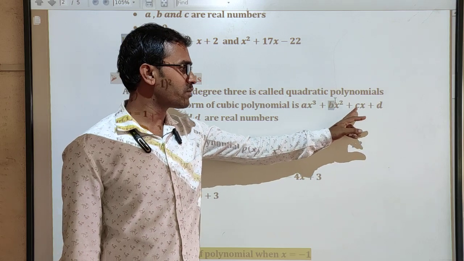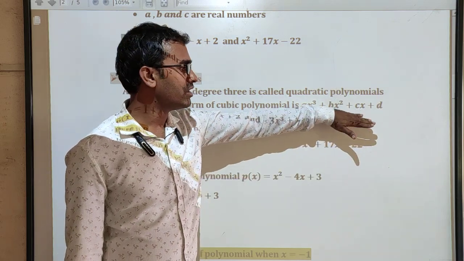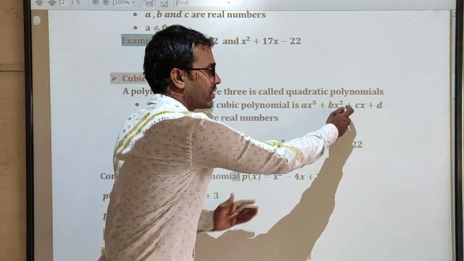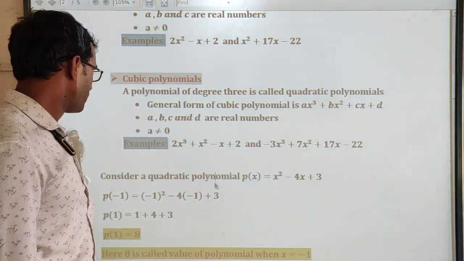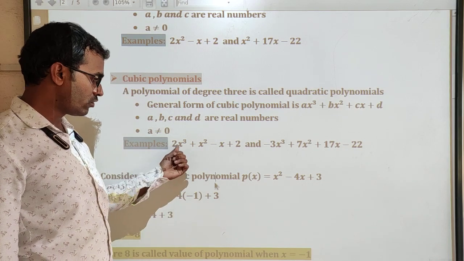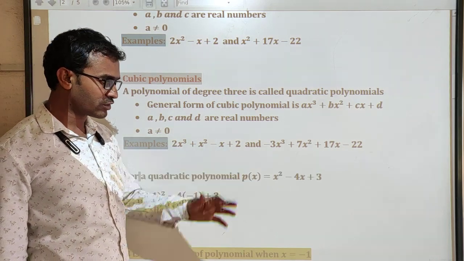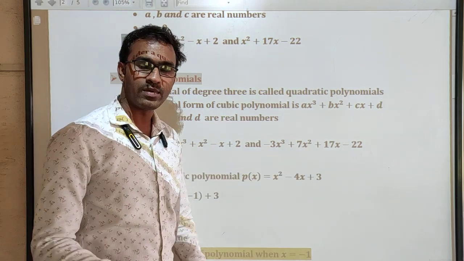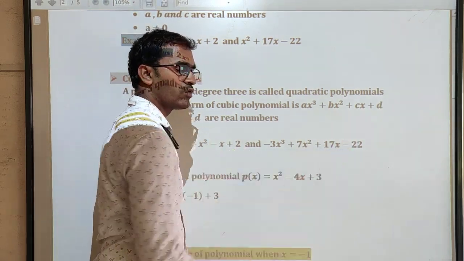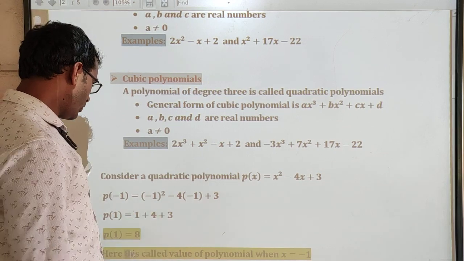Then it is bx square plus cx plus d, which is a quadratic polynomial. Therefore, a is not equal to 0. Some examples: 2x cube plus x square minus x plus 2, and another example, minus 3x cube plus 7x square plus 17x minus 22. These are cubic polynomials.